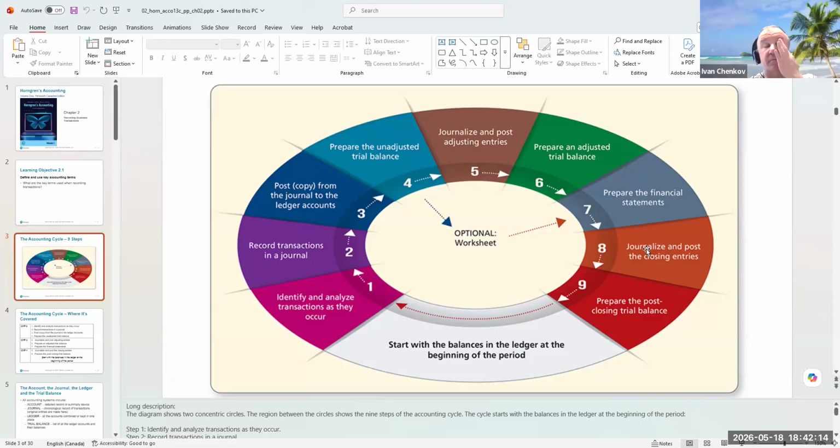Some of the accounts have to be closed. We're going to close those accounts and prepare the after-closing or post-closing trial balance to show us whether the accounts that we need to close are actually closed. We have to reset some of the accounts down to zero, so we can start accumulating new information during the new period. And we're going to continue the new period again.